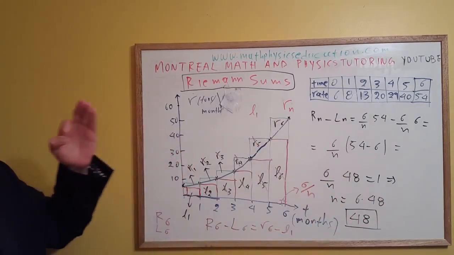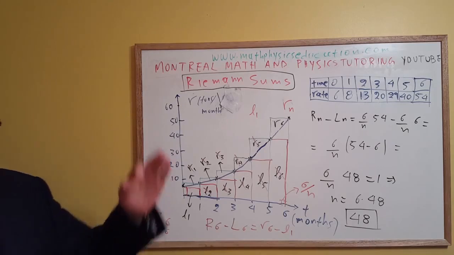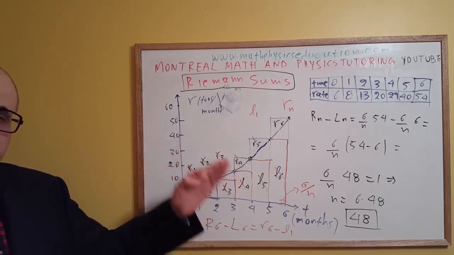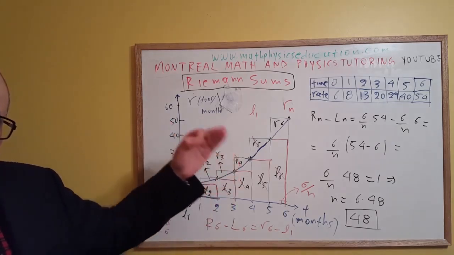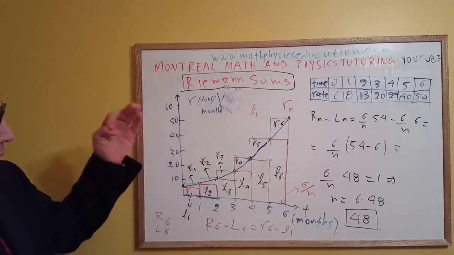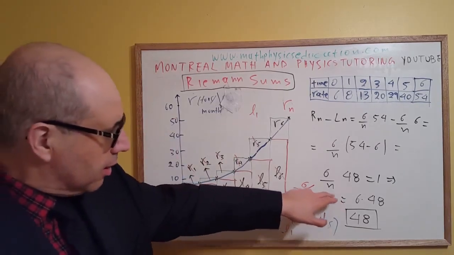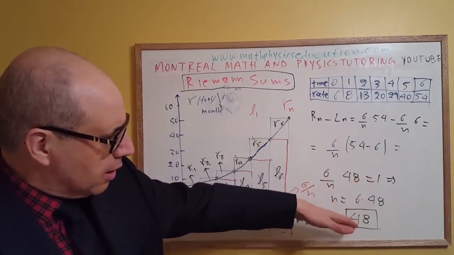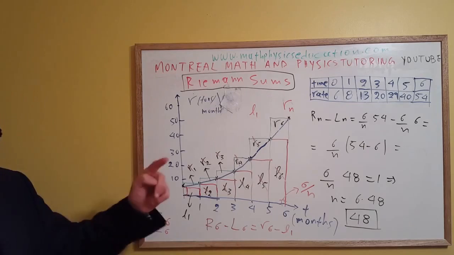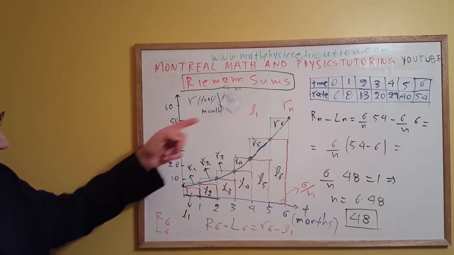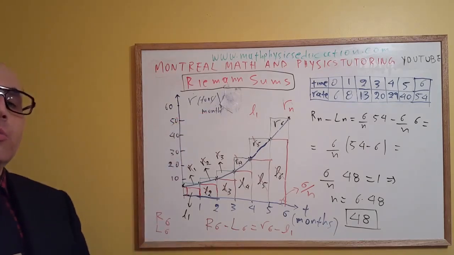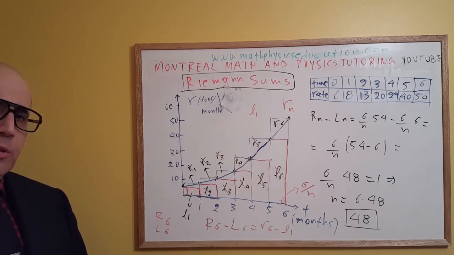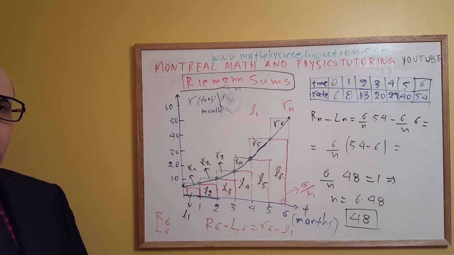So again, the question here was how many times per month we have to take measurements for the pollutants. Since we find that n is equal to 6 times 48, and we have 6 months, that means we have to take 48 measurements per month in order to have the outcome that we want, which is the difference between the overestimate and the underestimate to be exactly 1 ton.